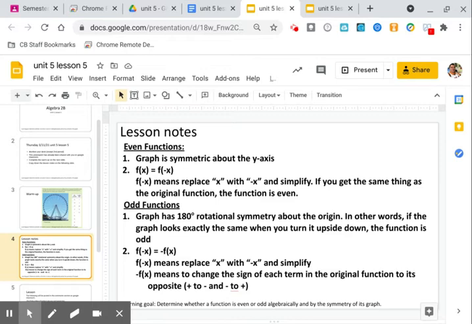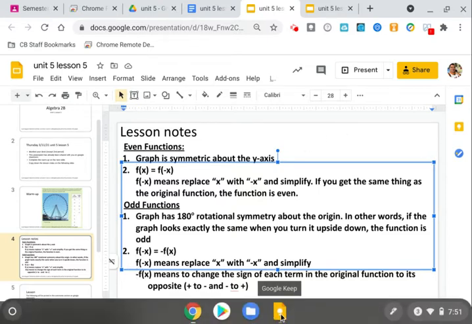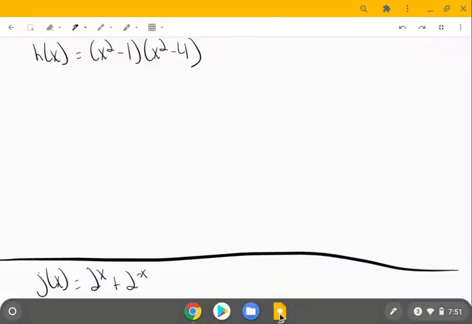So we first check f of x against f of negative x. And if you get the same thing as the original function, you're done. That means it's even. Okay? If we don't, then we have to go a step further and compare f of negative x to negative f of x. Okay? So let's take a look at number 1 here.